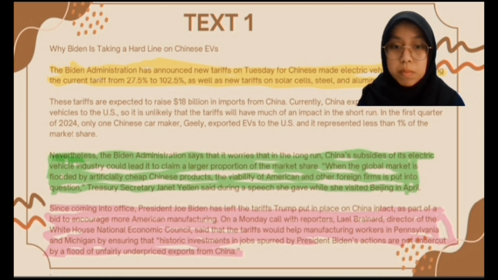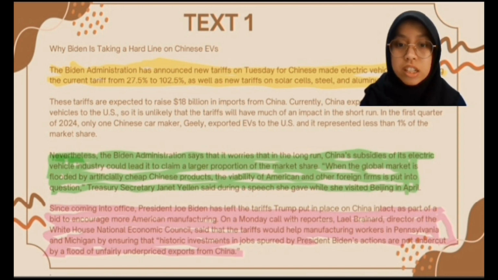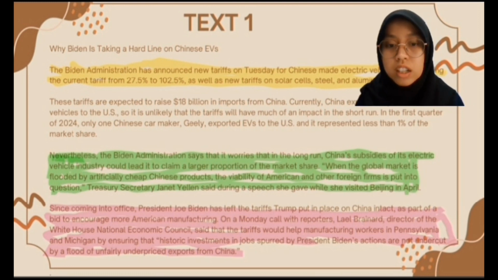Since coming into office, President Joe Biden has left the tariffs Trump put in place on Chinese goods as part of a bid to encourage more American manufacturing. On a Monday call with reporters, Lael Brainard, director of the White House National Economic Council, said the tariff will help manufacturing workers in Pennsylvania and Michigan by ensuring the historic investment in jobs spurred by President Biden's action is not undercut by a flood of unfairly underpriced exports from China.